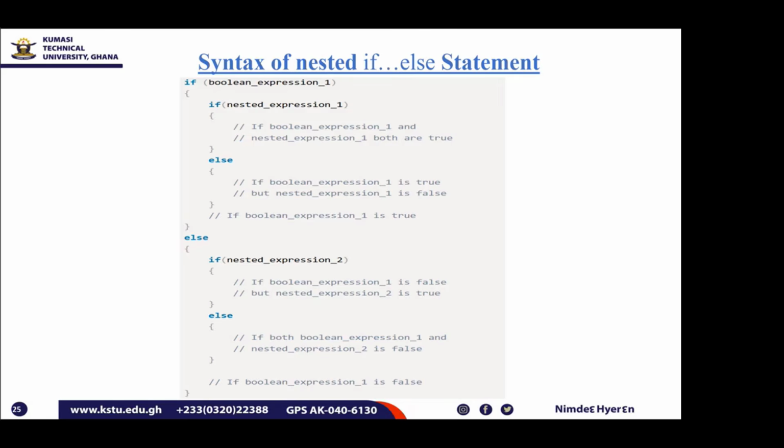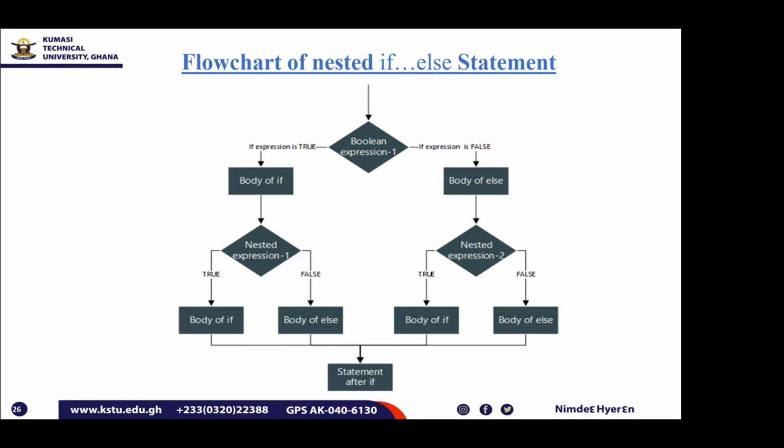Else, if Boolean expression 1 is true, but the nested expression is false, then the else is executed. Else, you have another nested expression within the if-else statement. So this is how the syntax is written. Now let's explain this with the help of a flowchart.